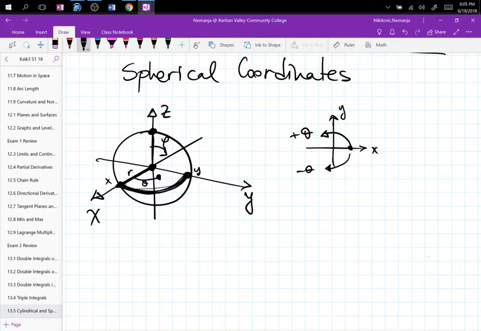This is what you learned in your pre-calc class. At the end of your pre-calculus class, you learned the coordinate system, which is actually north, south, east, and west. And then you measured angles from the north or from the south.